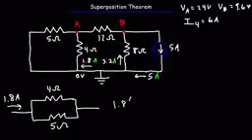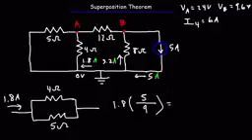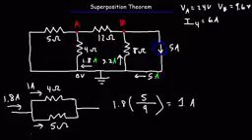So if we take 1.8 multiplied by 5 divided by the sum of the two resistors, 4 plus 5 is 9, we're going to get 1 amp. So 1 amp of current is going to flow through the 4 ohm resistor, and then the difference between 1.8 and 1 is 0.8. That's going to flow through the 5 ohm resistor.